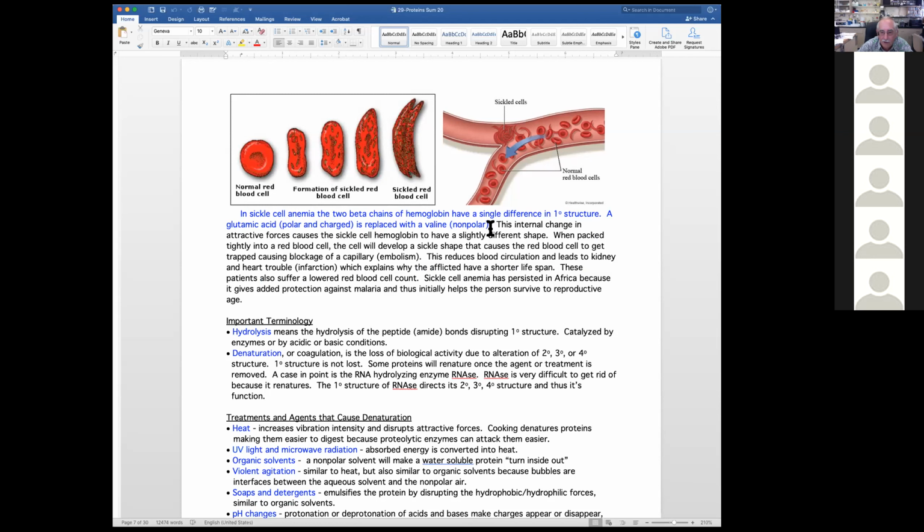And when you pack all those misformed, misshaped hemoglobin molecules into a cell, it makes the cell change shape. Okay. A single mutation is called a point mutation, where one amino acid is different.